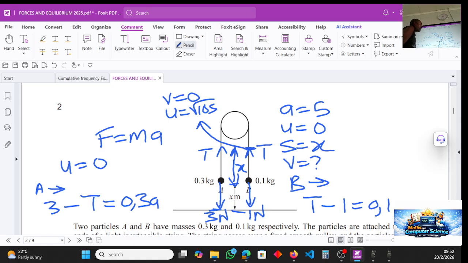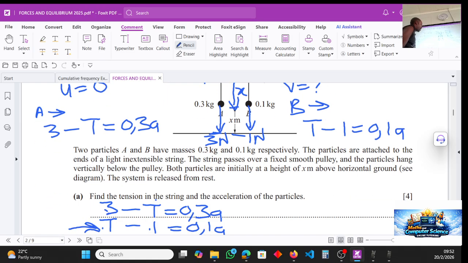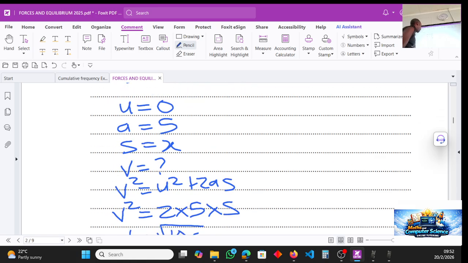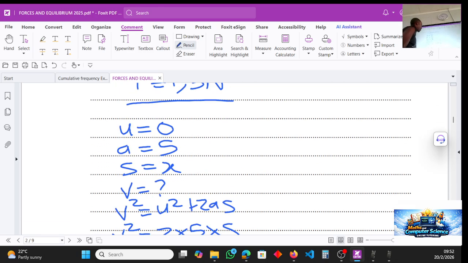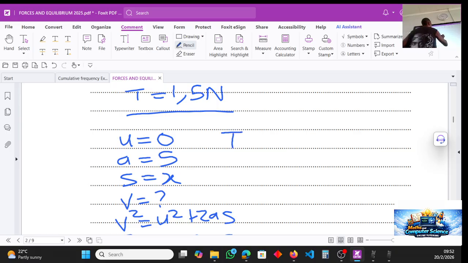Initially, it was T minus 1 equal to 0.1a. So we'll say, somewhere below here, or you can do it aside, that T minus 1 is equal to 0.1a. But remember, when object A reaches the ground, T is gone. So we can safely say for object B, this is going to be negative 1 divided by 0.1.